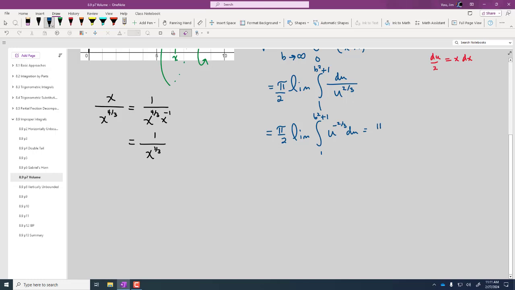Okay, so power rule. Add 1 to the exponent and we get u to the 1/3. Divide by 1/3 means multiply by 3. And then we have our limits of integration are these. The 3 can come all the way out in front, and we could make that 3 pi halves.